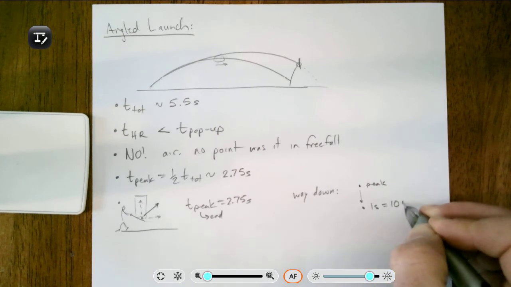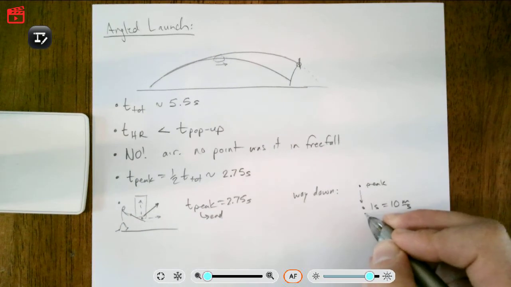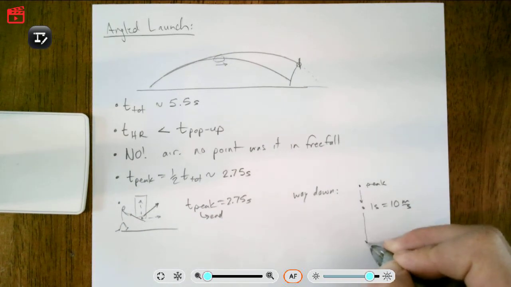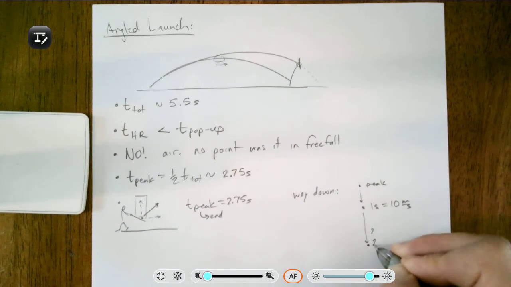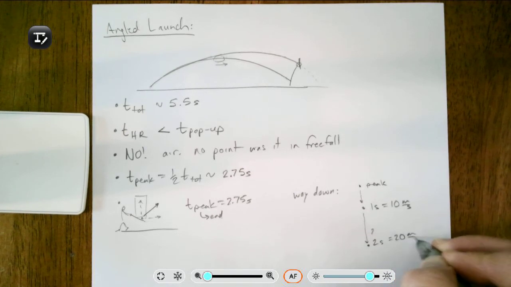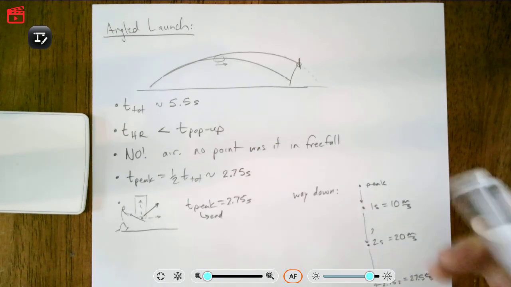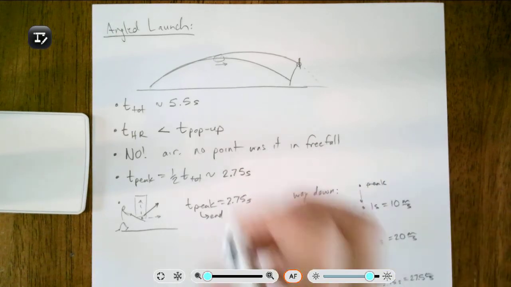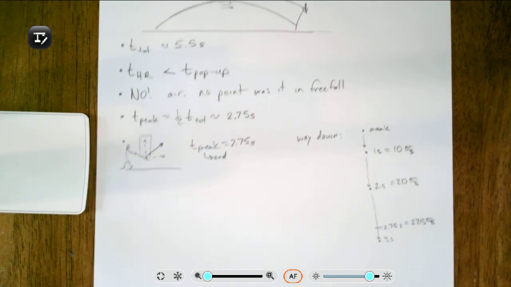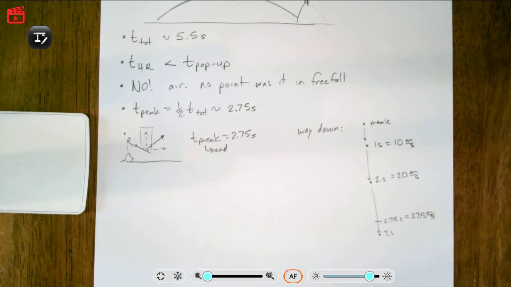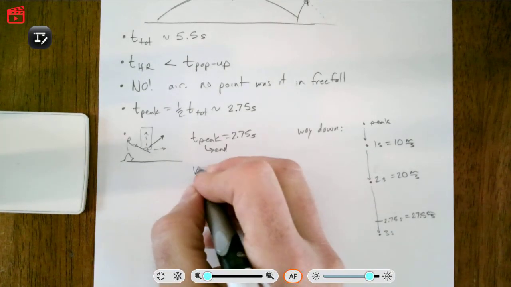It's going 10 meters per second. You remember this? After 2 seconds, it's going 20 meters per second. And after 3 would be down here, but we're not quite to 3. We're at 2.75 seconds. That'll be 27.5 meters per second. Of course, your numbers will match your peak time, not this peak time right here. That will adjust.